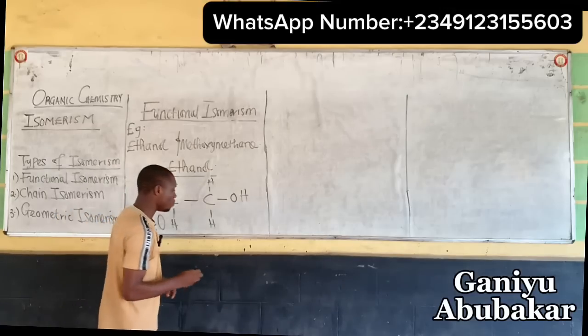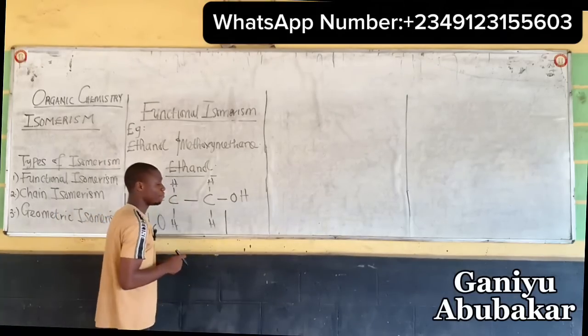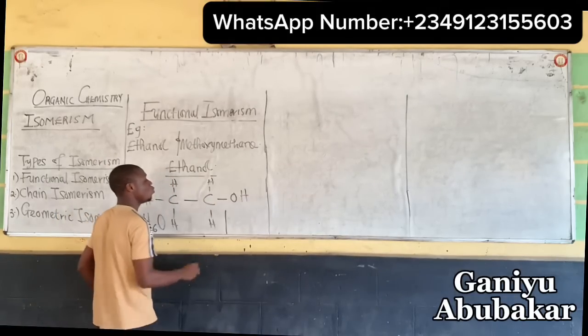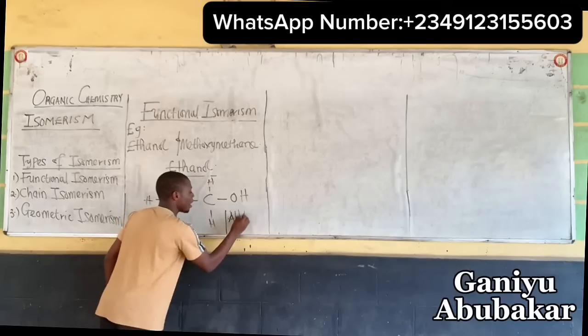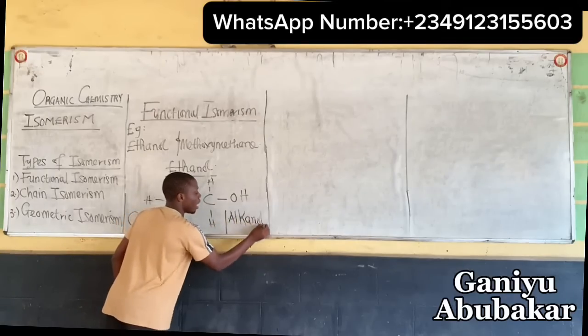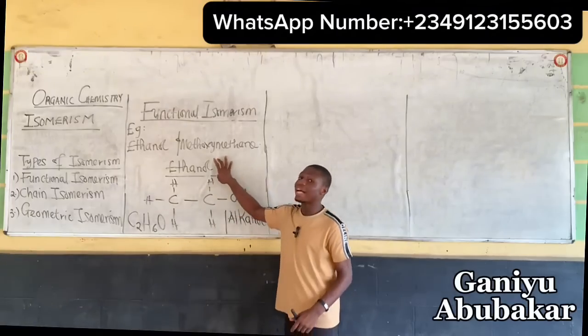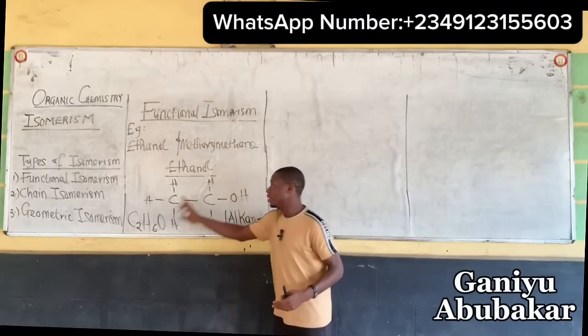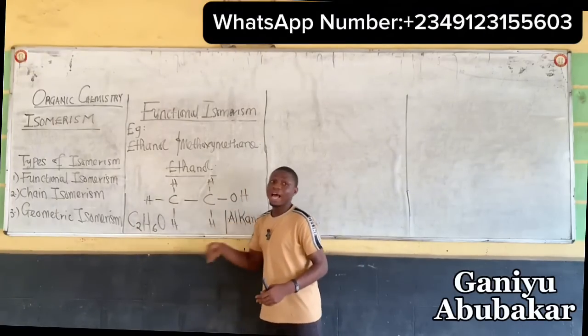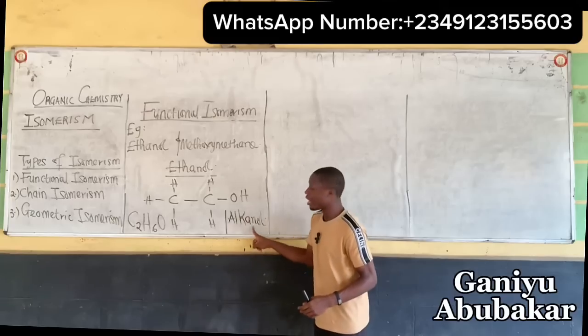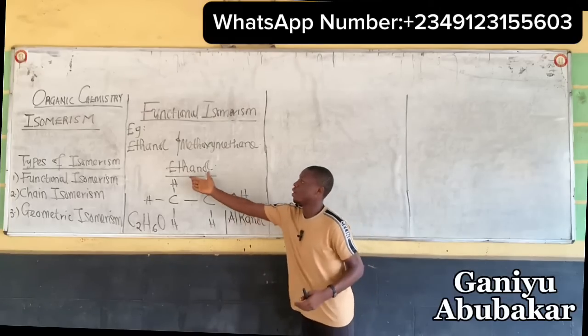Let's get the functional group. We said earlier that the functional group here is OH, which signifies alkanol. So this compound, ethanol, has a general molecular formula C2H6O and a functional group alkanol. So that's ethanol.